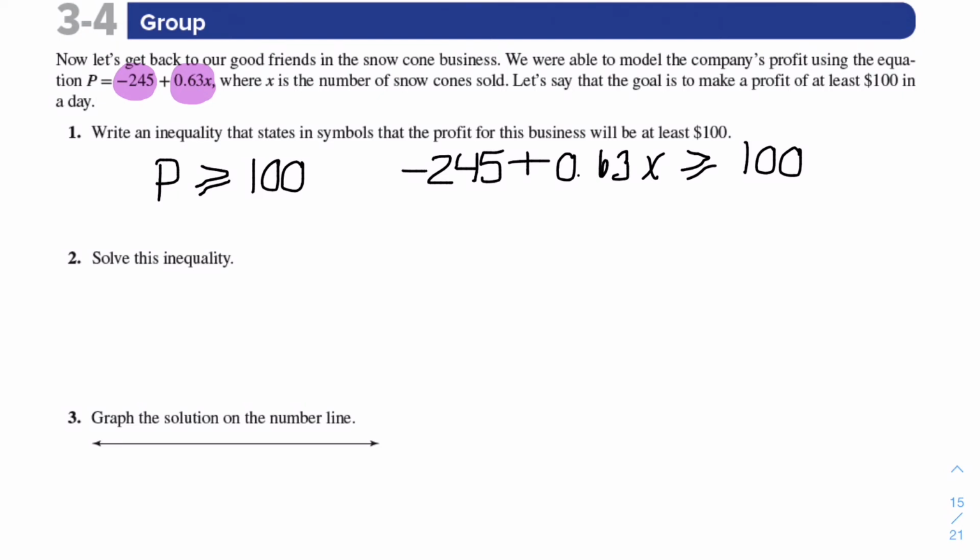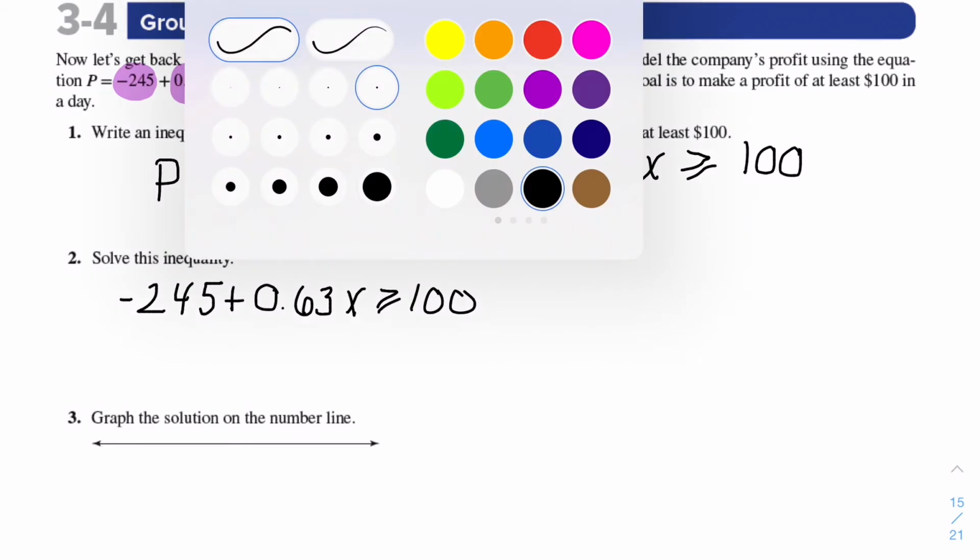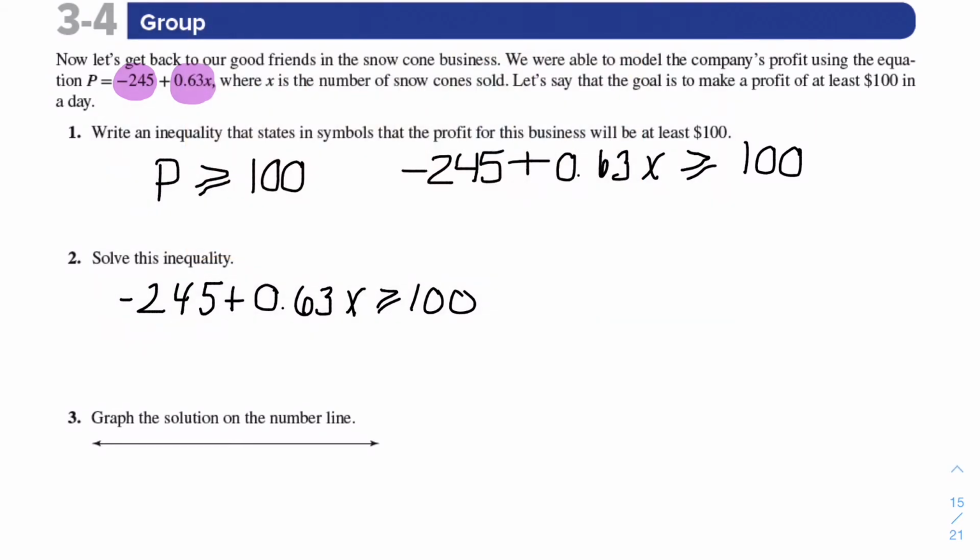So what we can do is solve this inequality. If we solve for x, this will tell us how many snow cones we actually need to sell to make a profit of $100. So we've got to reverse everything. We're starting with this, and we want to apply these tools we just learned to solve for x. I'm going to avoid dividing by 0.63 first, because you would have to do it to every single piece.